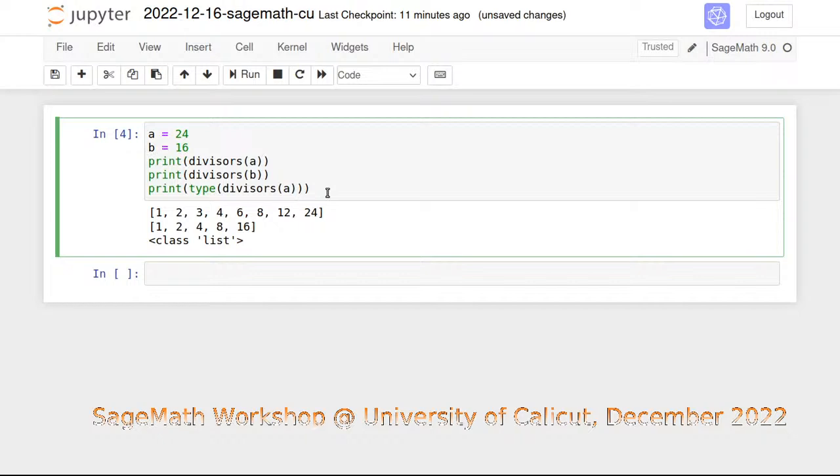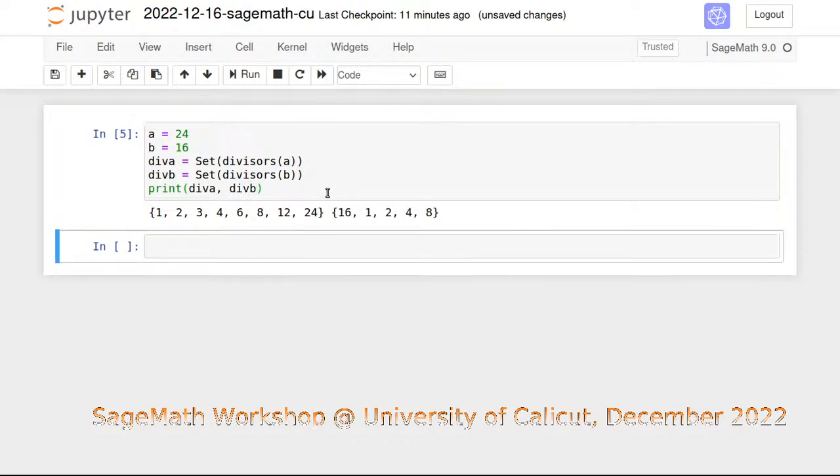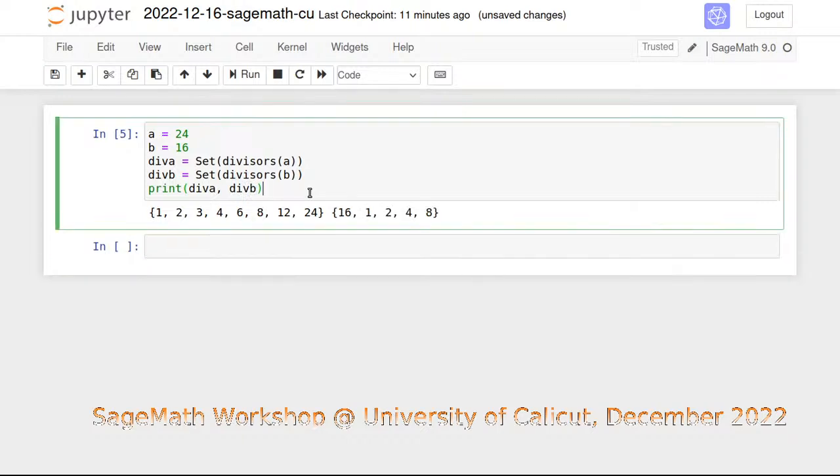Maybe we can convert that into a set. So let me just change it to div A, set of all divisors of A. Let us define it like this. Similarly, div B, set of all divisors of B. So if we ask for div A, div B, we will get both the sets.